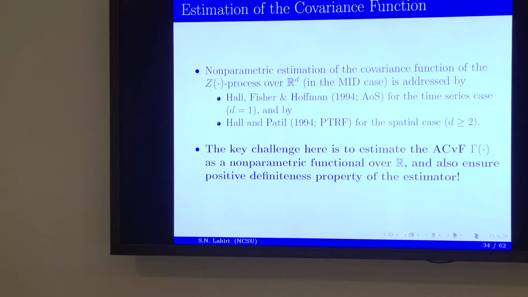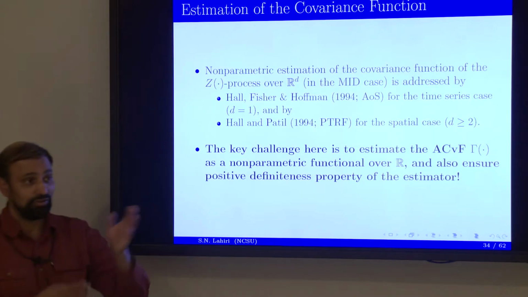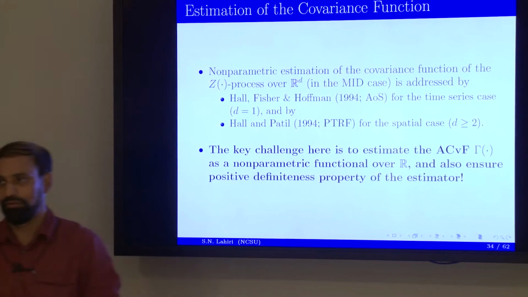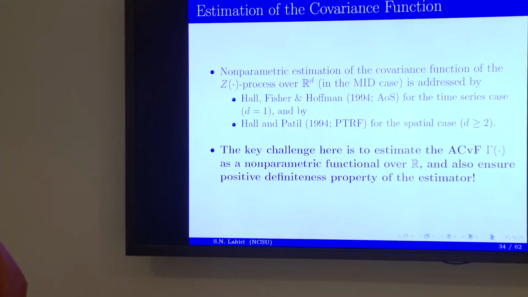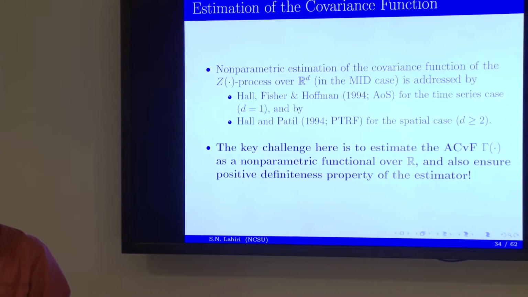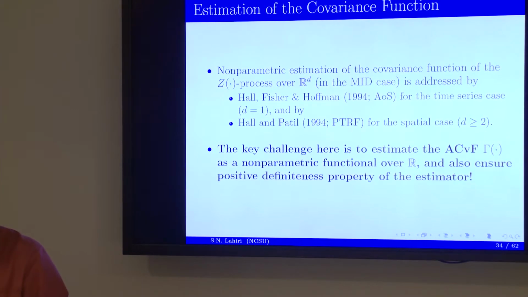Is it possible that you can estimate rho of h, or I'm sorry, gamma of h, gamma of t, at the rate 1 over square root of n? You have n observations. You're trying to estimate a function on the continuum. Lambda and n, they are comparable.